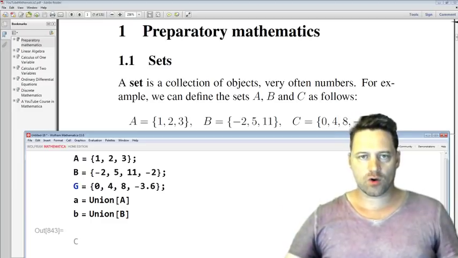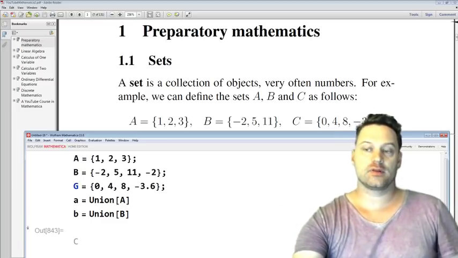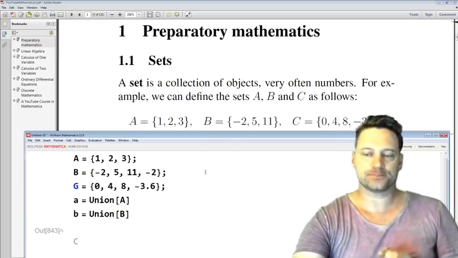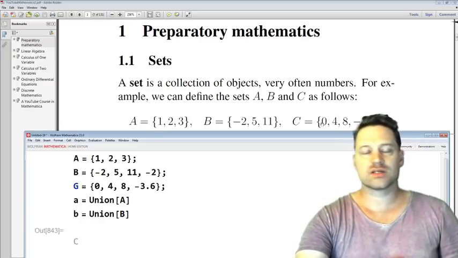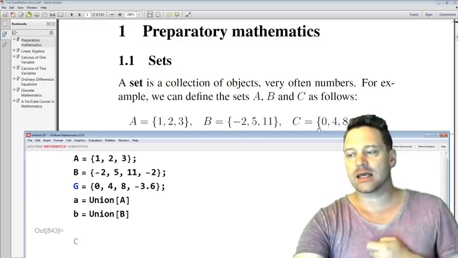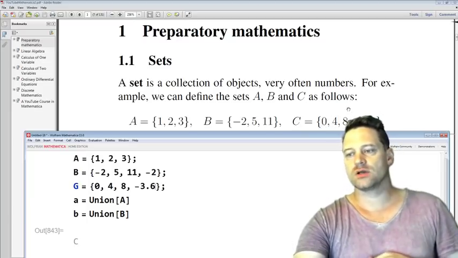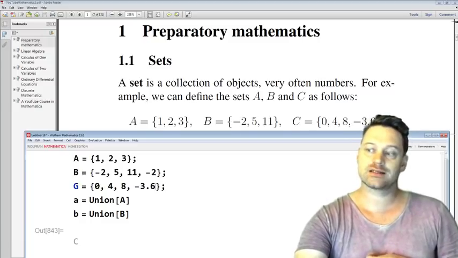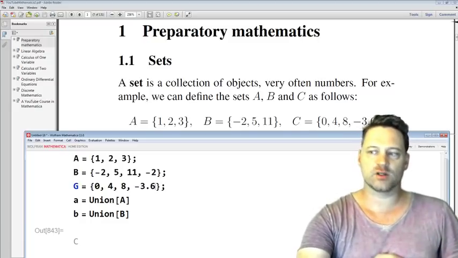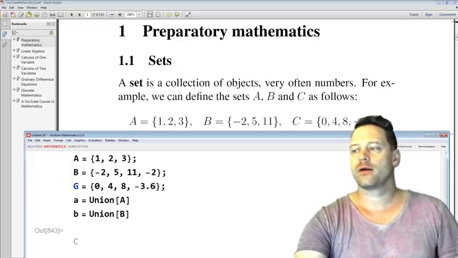While we're at it, observe that the numbers in A and B were whole numbers, whereas the numbers in the set C are not all whole numbers. In fact, this -3.6 is a negative decimal number, which is not whole.